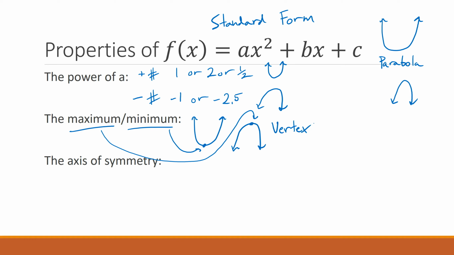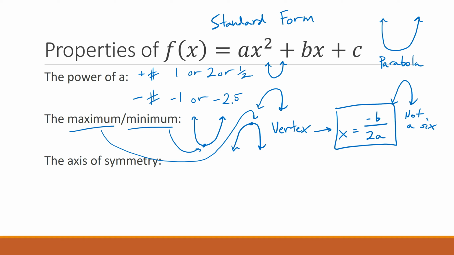And we can find the x-coordinate of the vertex with this useful little formula, -b over 2a. And yes, that's a b, not a 6. My b's look like 6s. I apologize. So, the formula is x equals -b over 2a. That will tell us the x-coordinate of the vertex, which remember is the maximum or minimum.